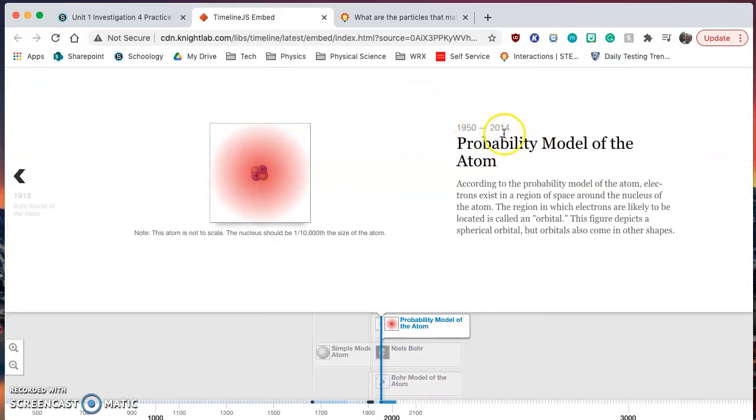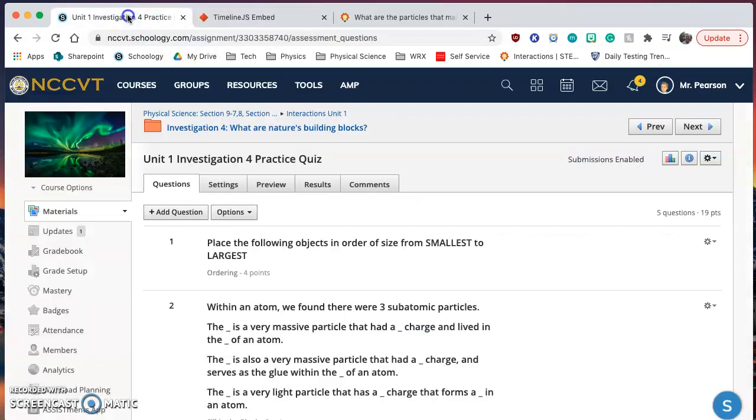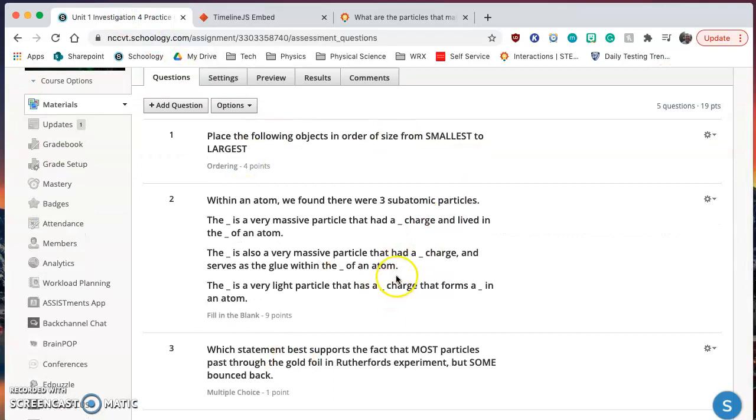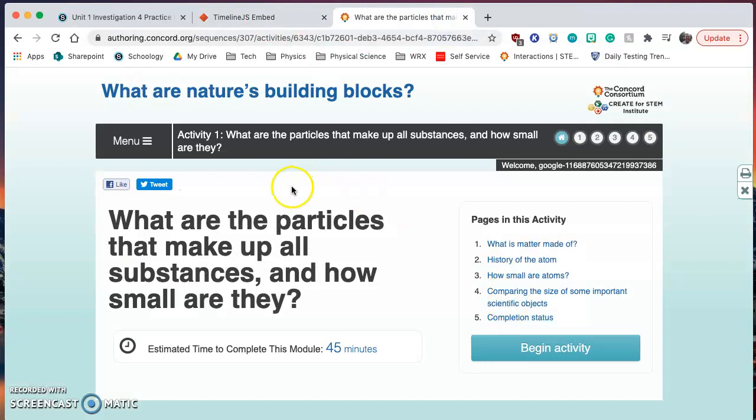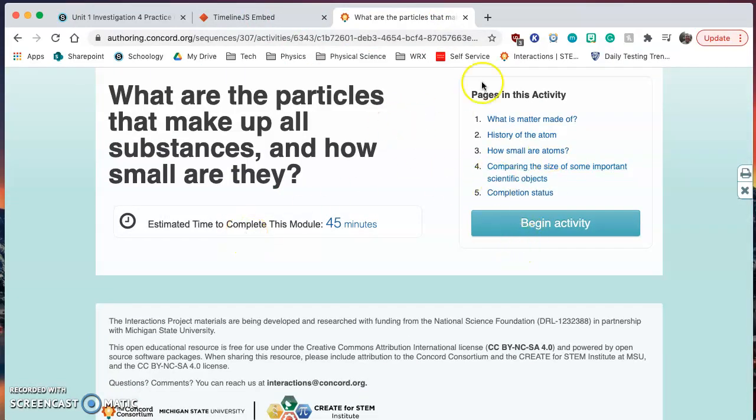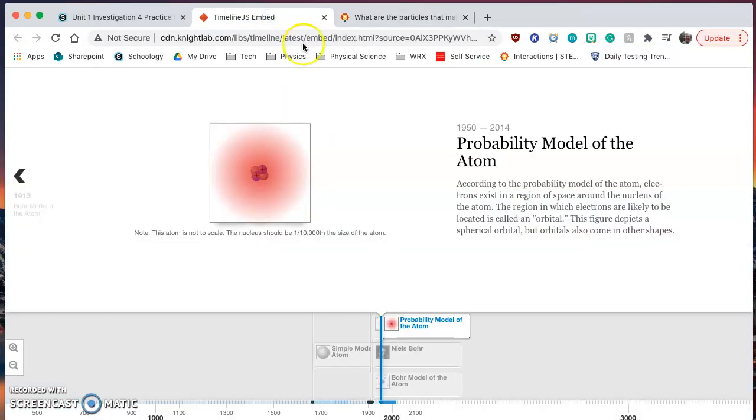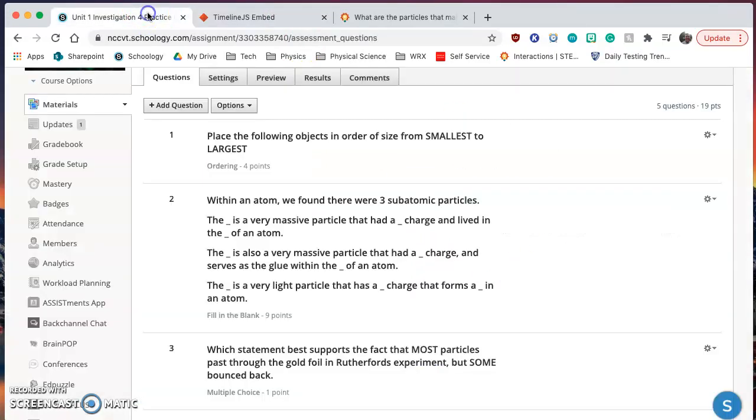Ending somewhere around 2014 with the probability of the electron and what we talked about in 4.4. So if you find yourself struggling on any one of these questions, all of this information is straight from either a check for understanding here on Schoology, a simulation or a reading here on the interactions page, or the last place, which would be this timeline here.